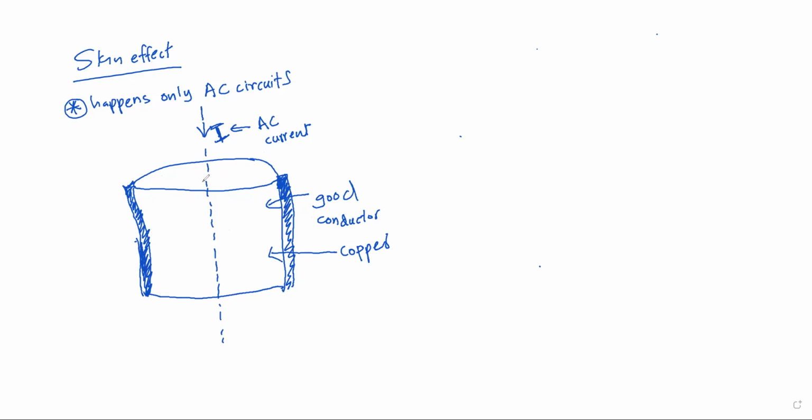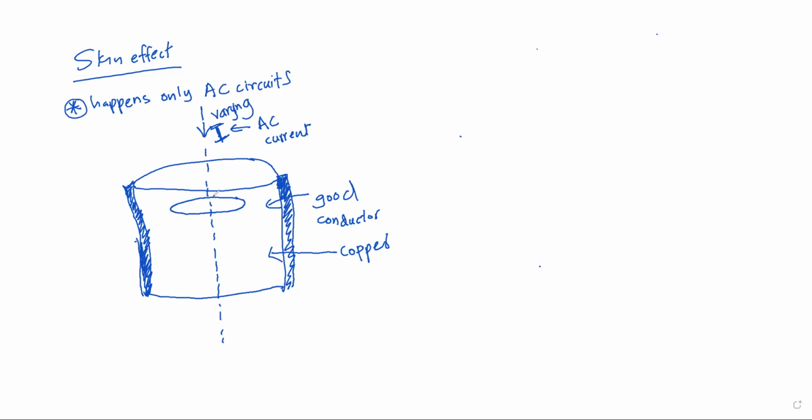So once we are sending this AC current, the varying current is produced, right? The current is varying here. Varying current produces a varying magnetic field. So a varying magnetic field is created around this conducting current.